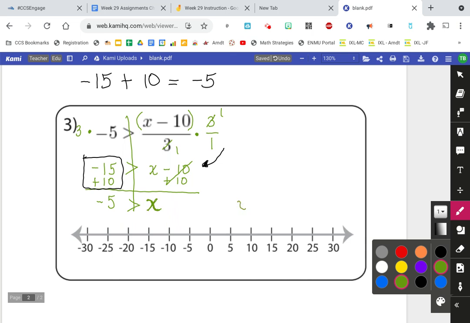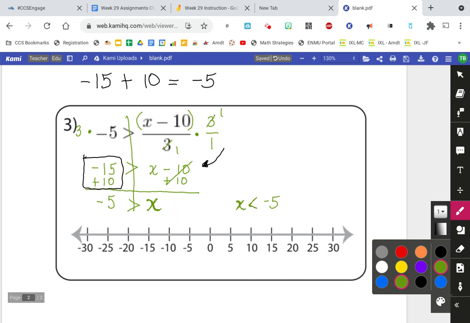So the x would be first. And then you have to turn the symbol around as well. And then negative 5. So negative 5 is greater than x is the same thing as x is less than negative 5.